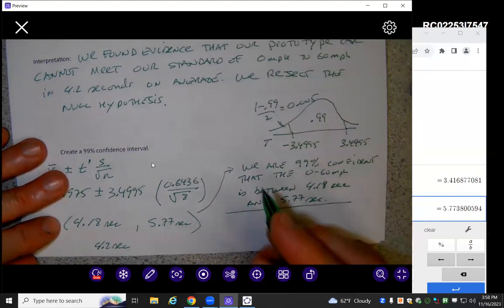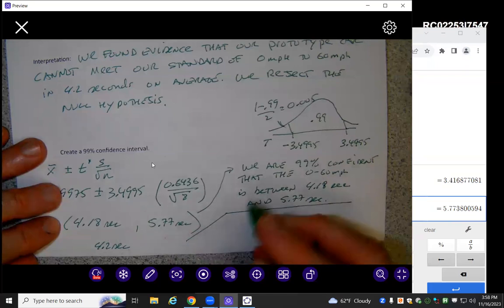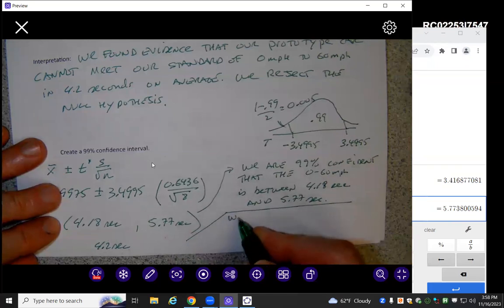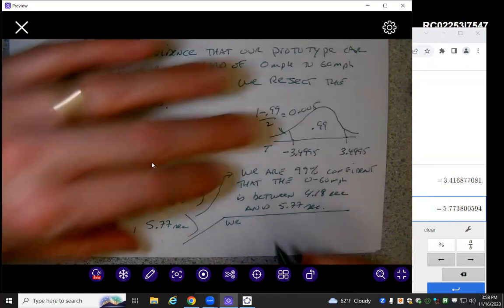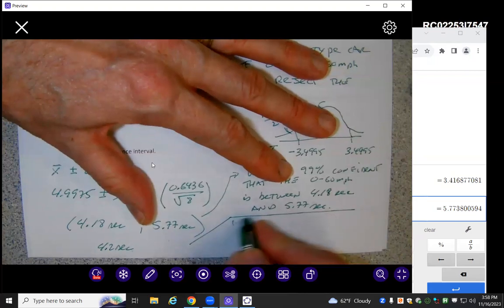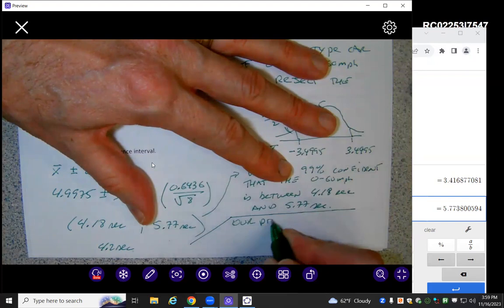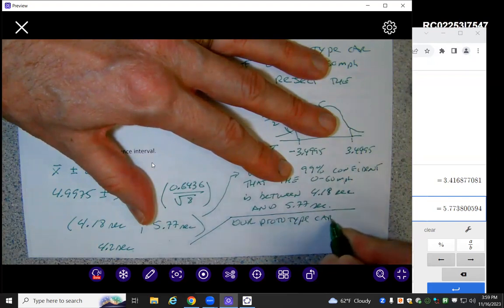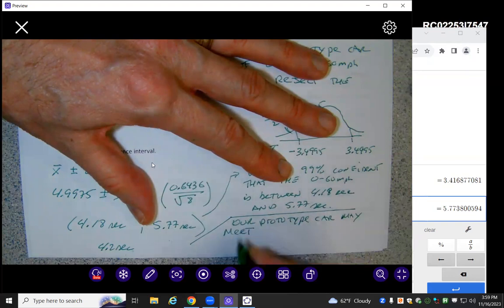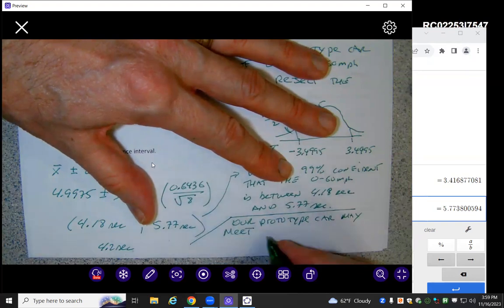So the interpretation of this is that our prototype car may meet conditions.